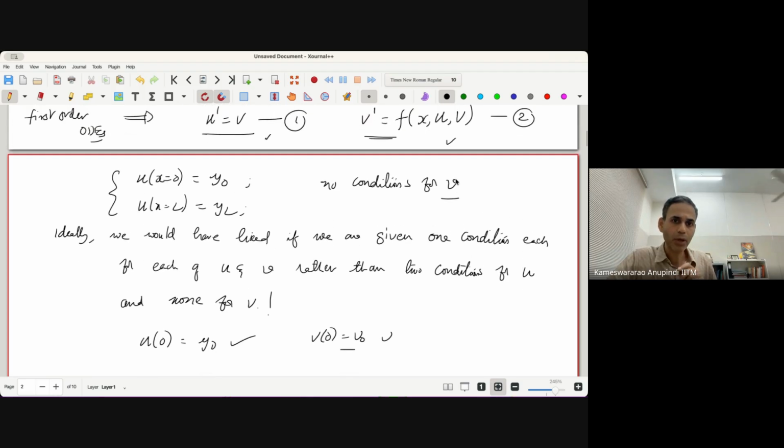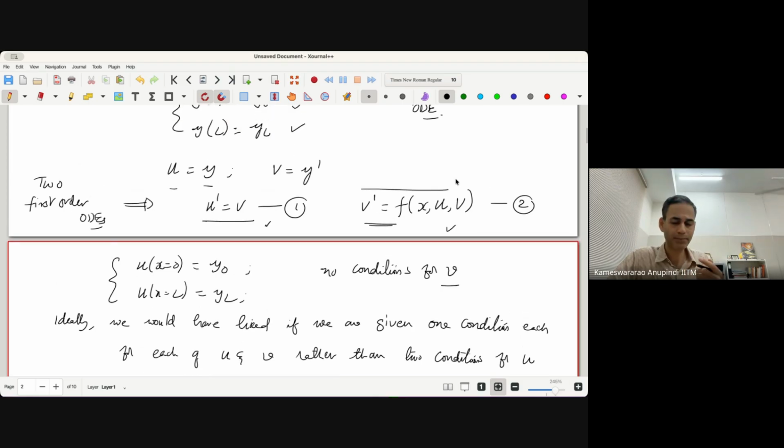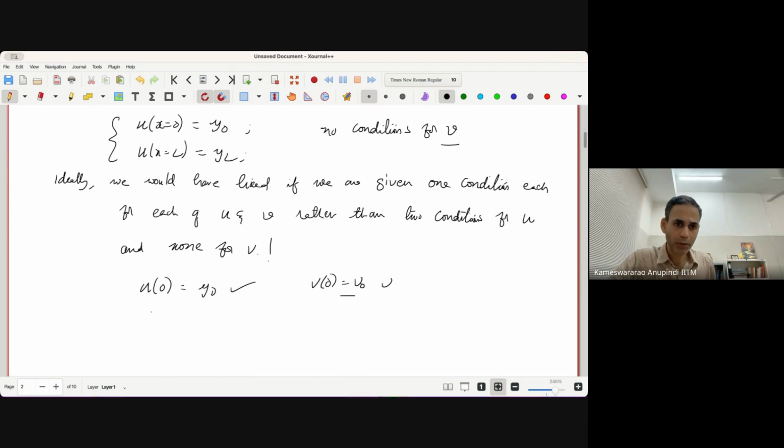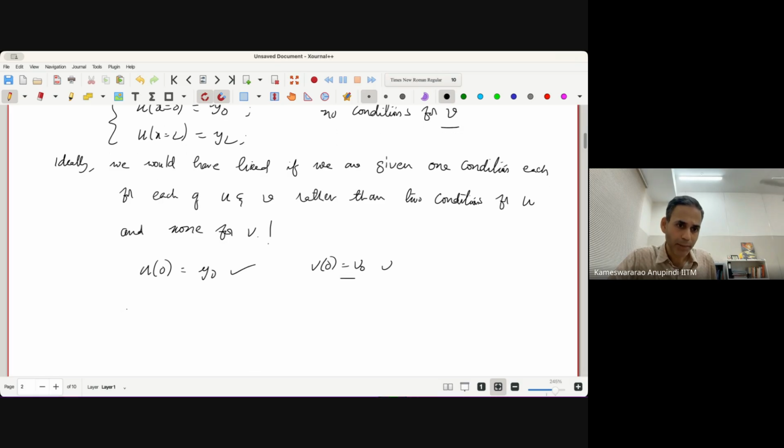Okay. But what we do in this case, to make our initial value problem solution methodology, that is RK4, RK2, trapezoidal, all these things, work for a boundary value problem, is start with u of 0 equals some y0, and because we are not given v of 0, we will still make v of 0 equal to some v0.